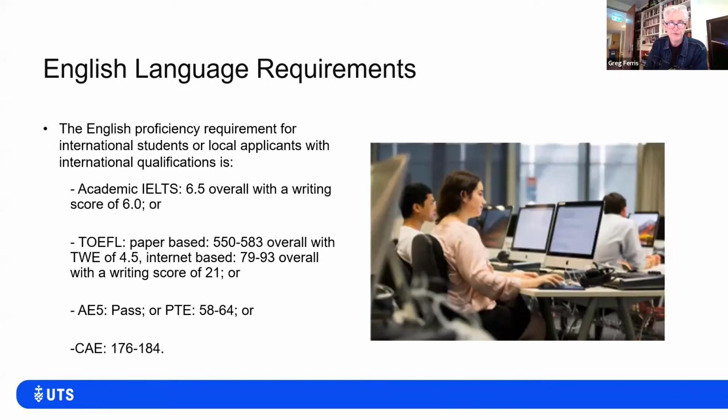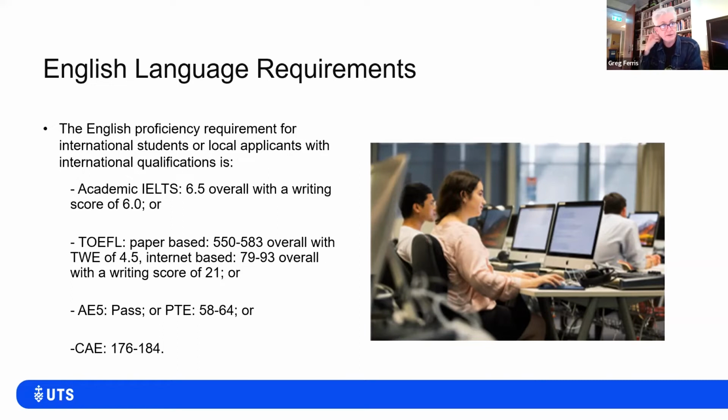There are some English language requirements, and you can see those on screen. So the IELTS is 6.5 overall, writing score of 6. We don't have a lot of writing in our postgrad, but there is stuff that supports the media practice that you make as part of those assessments in the subjects.